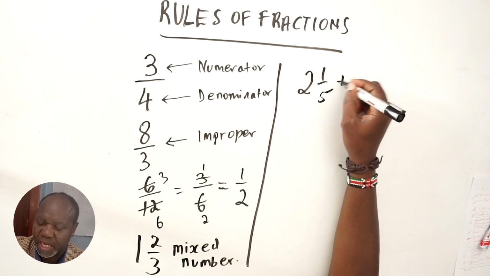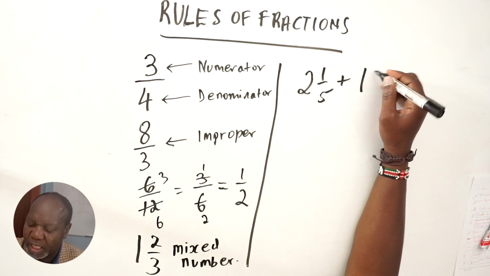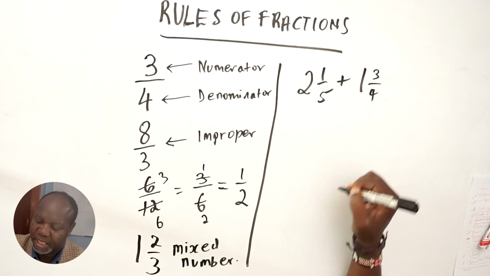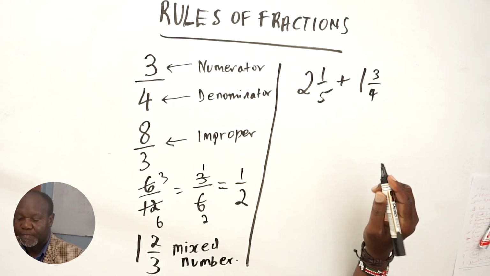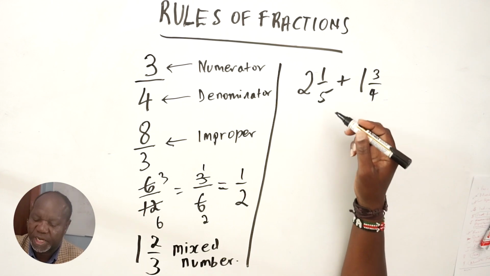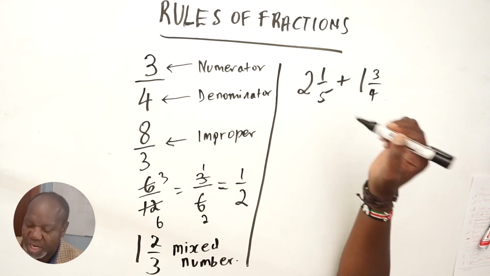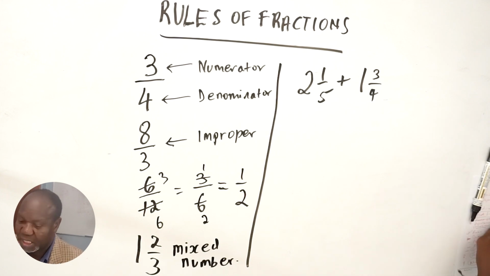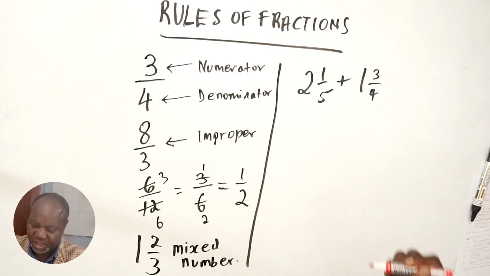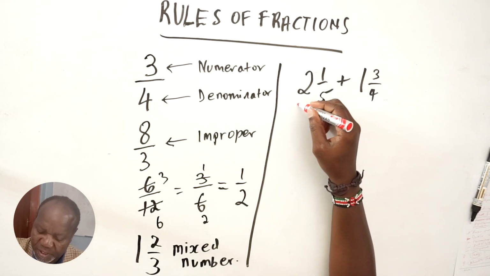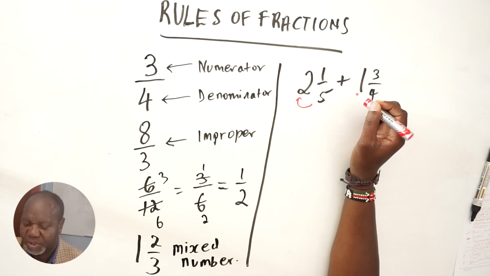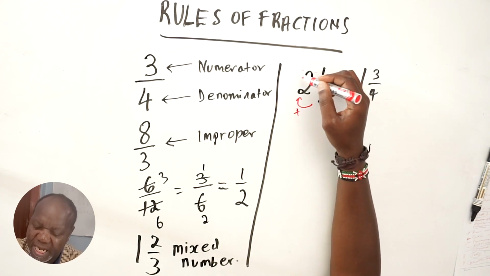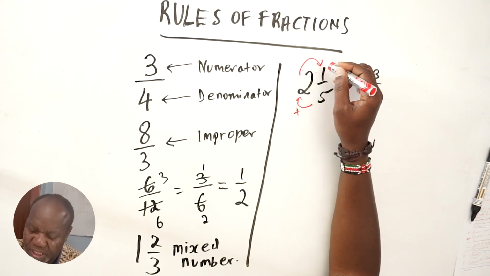and I would like to add 1 and 3/4 to it, then you are required to change it back to what we call an improper fraction. And what do you do? Always, when you're changing the mixed number to improper, multiply the denominator with the number, then add your result to the numerator.